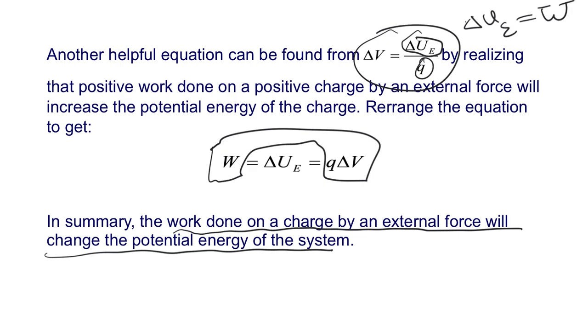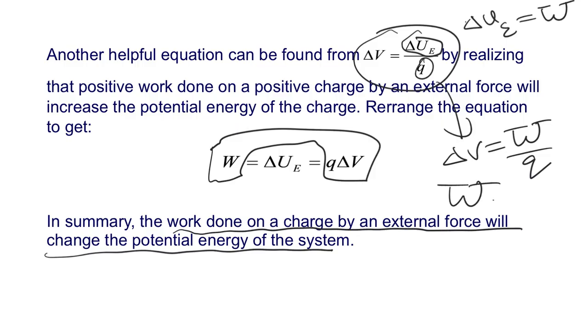So we can change that to: change in V equals the work that the battery does to push the charge over the charge that is pushing. And then we can rearrange that to the work is equal to QV, or work is the change in potential energy of the system.